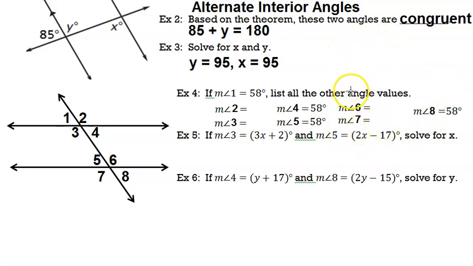Now, as far as all of the other ones are concerned, all we have to do is figure out what would be supplementary to 58.